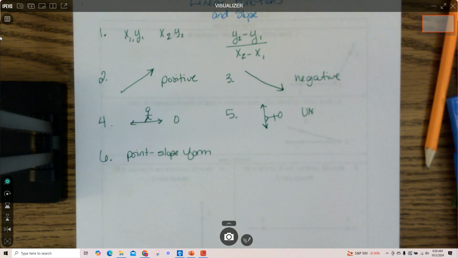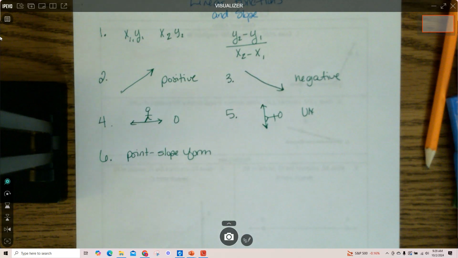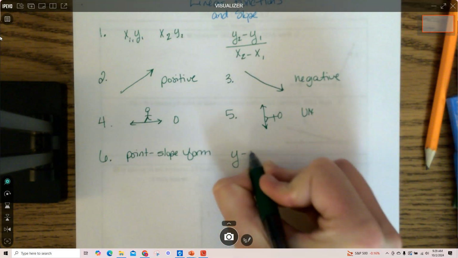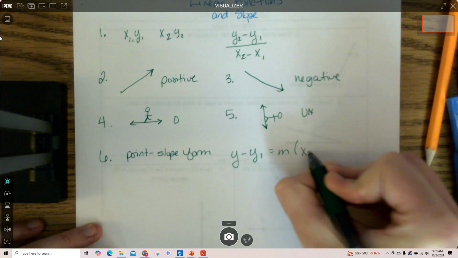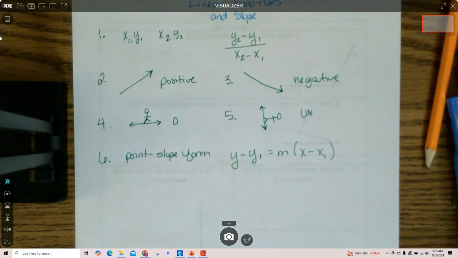Is it y equals x plus b? No, that's slope intercept form. Hang on, I'll find it. Okay, here we go. Point slope form is y minus y1 equals m times x minus x1.